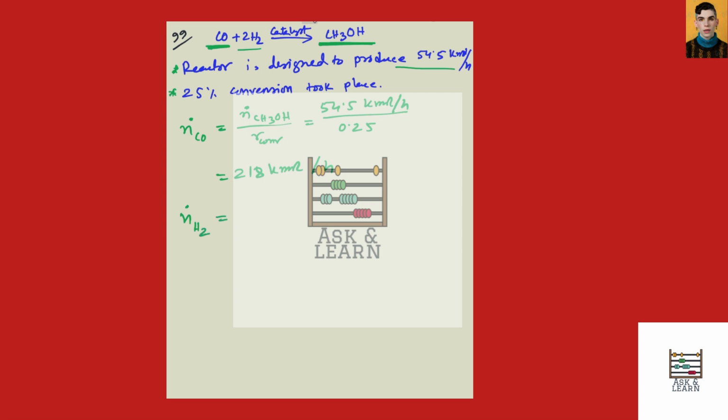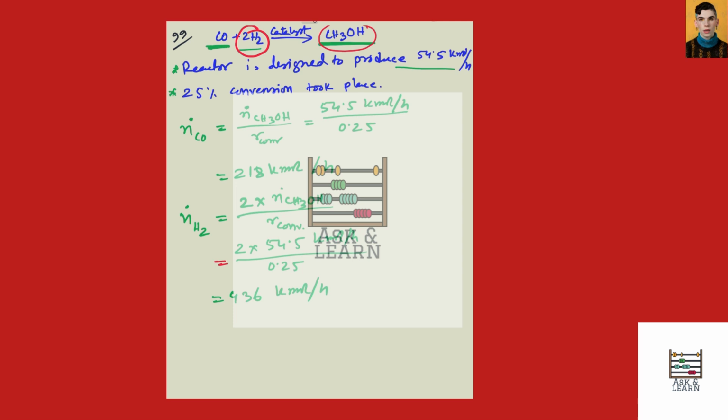The molar rate of hydrogen is then 2 multiplied by the number of moles of methanol divided by the conversion factor. The reason is 2 moles of hydrogen give 1 mole of methanol. Therefore, the number of moles for hydrogen is double. 2 multiplied by 54.5 kmol per hour divided by 0.25, and we get 436 kmol per hour.